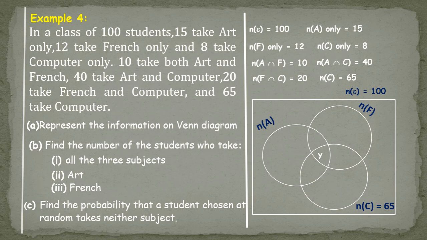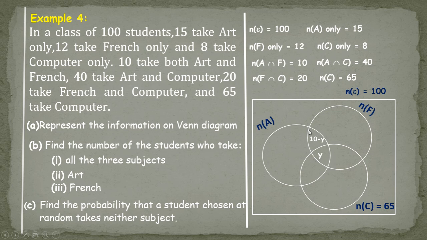More information: those that take all the 3, we are calling it Y. So why are we taking 10 minus Y? We are told that art and French, so this is art, this is French. We are going to take this as 10. So the whole of this part is 10.